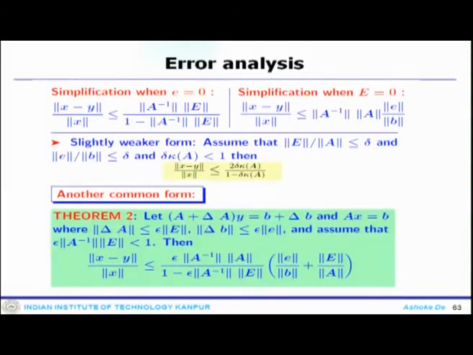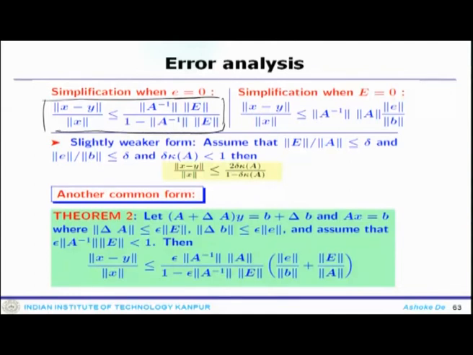Now, one can do some sort of simplification to this kind of system. One immediate simplification is that you say E is 0. Then the norm of x minus y divided by the norm of x is less than or equal to this. So, it boils down to another inequality.